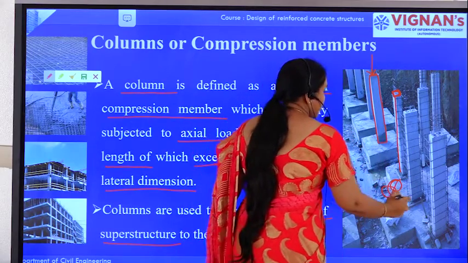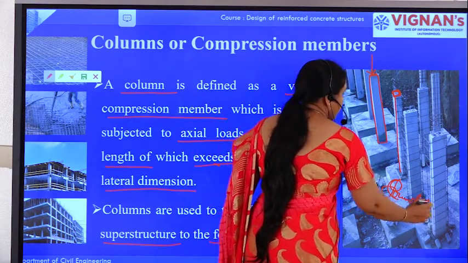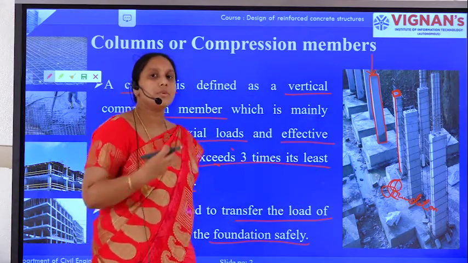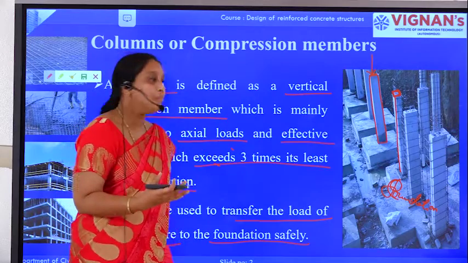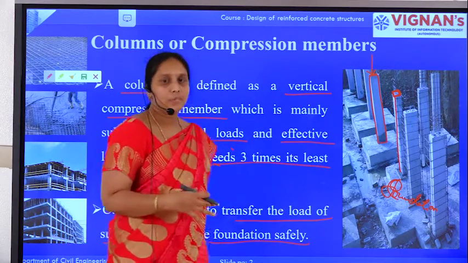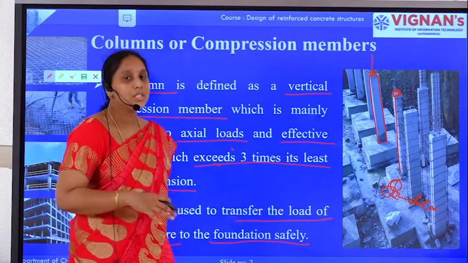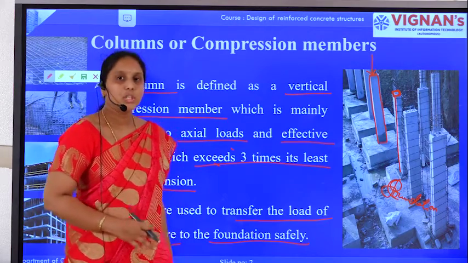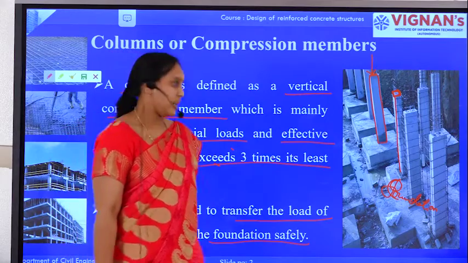This is the foundation. From the foundations, the loads will be transferred to the soil beneath.